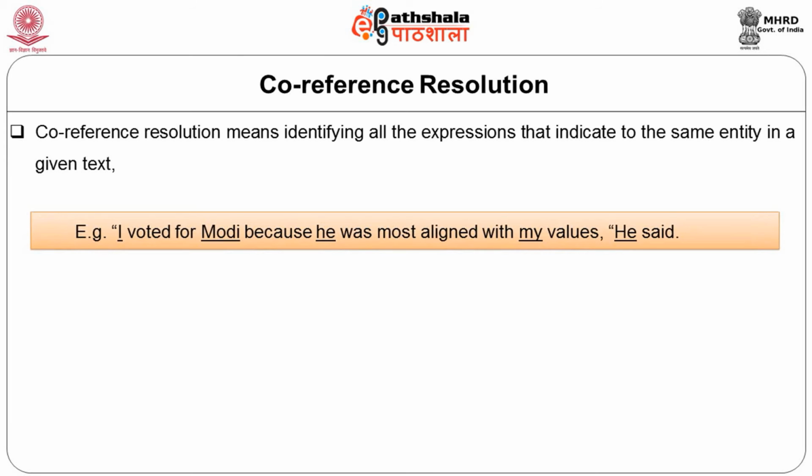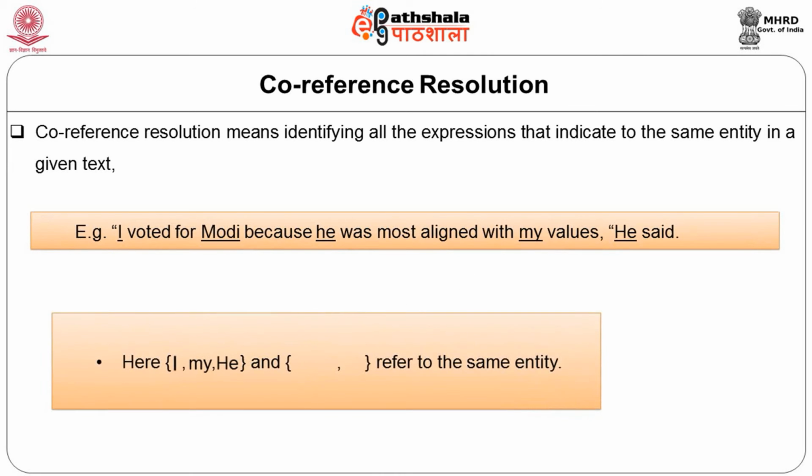The statement starts with very definite terms. There is no ambiguity here. I voted for Modi. But after this, it says because he was most aligned with my values. As you can see, I, my and he are there in this statement, and then the proper noun Modi is there.